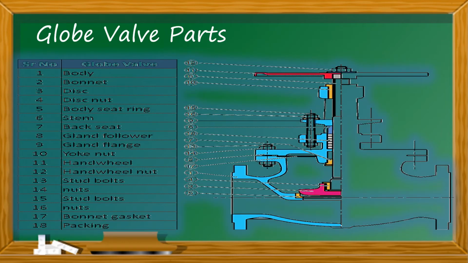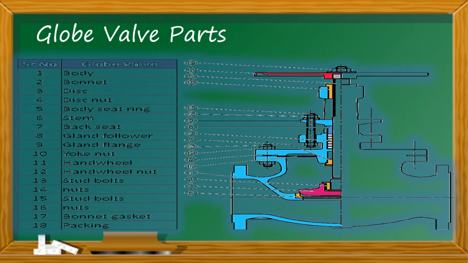Much similar to the gate valve, but a few things are different in the globe valve. Coming from bottom to top, we have the body of the valve, then the bonnet, which was also there in the gate valve, and then we have the disc nut, body seat ring, stem, back seat, gland follower, gland flange, yoke nut, hand wheel nut, and so on.